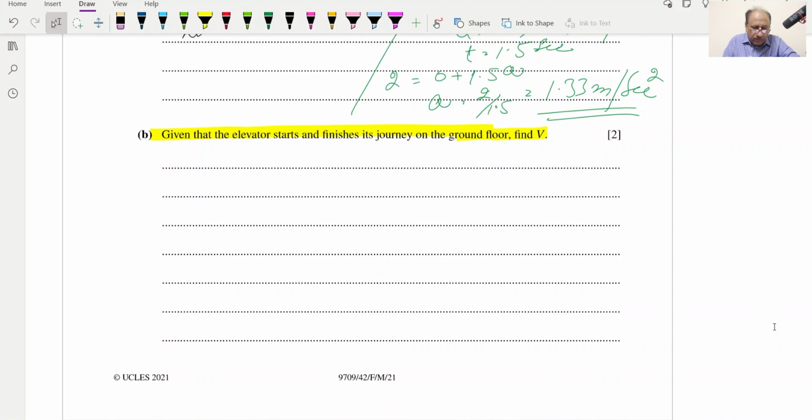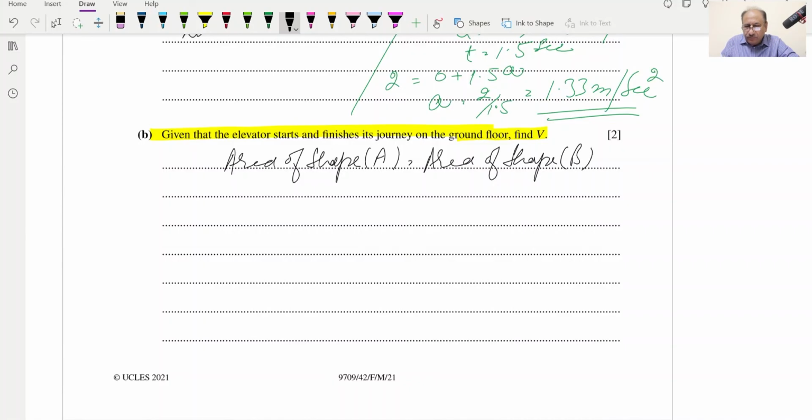So we can write the area of shape A will be equal to the area of shape B, and the shape is what? Trapezium. So half into a plus b, opposite sides, into height.